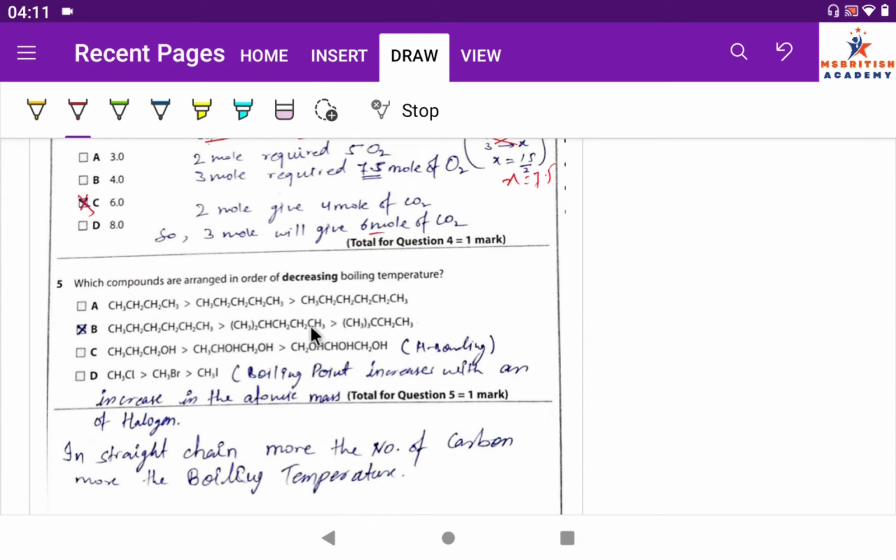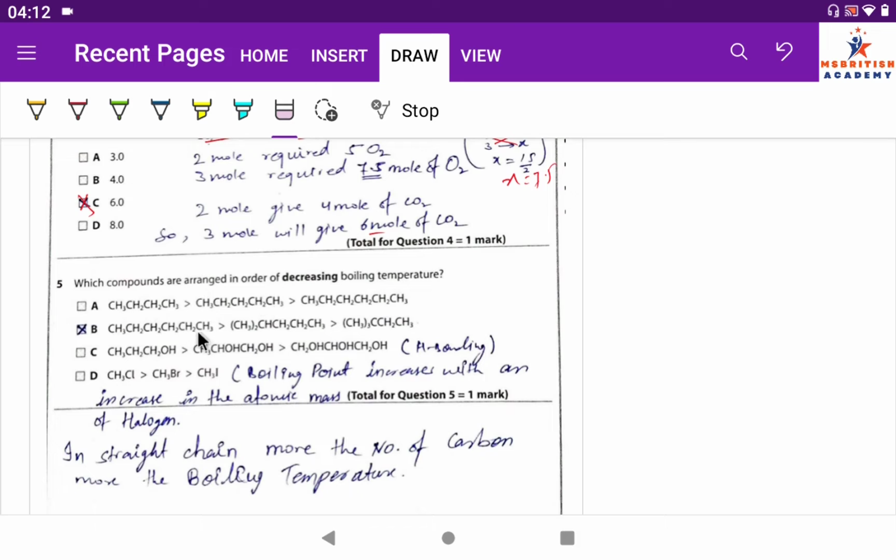As we have already studied, as the number of carbons increases, the boiling temperature increases. So in a straight chain, the more the number of carbons, the higher the boiling temperature. So this is wrong because it is decreasing order, and this is the right order.